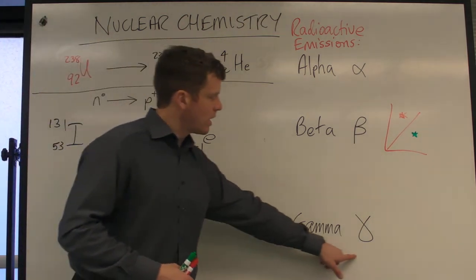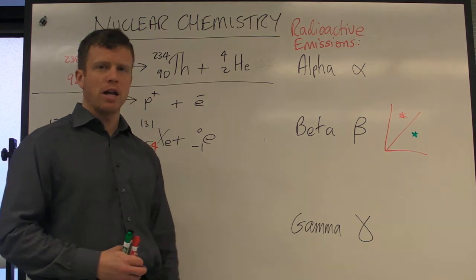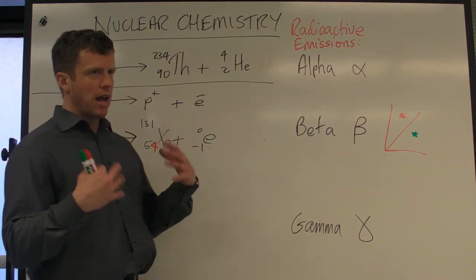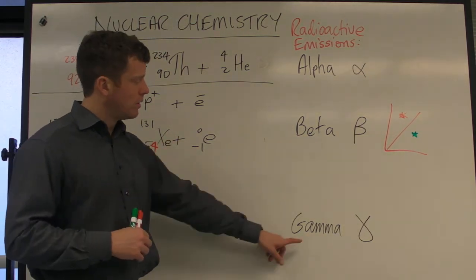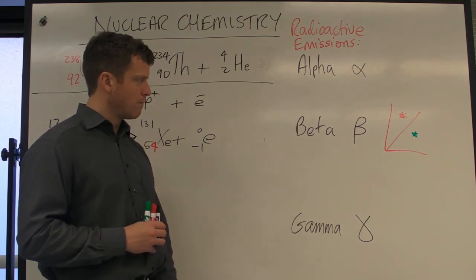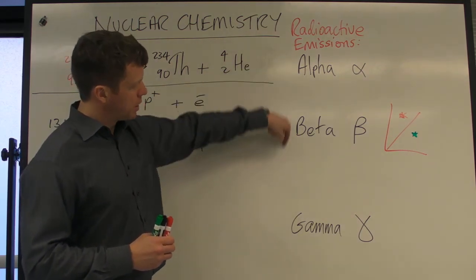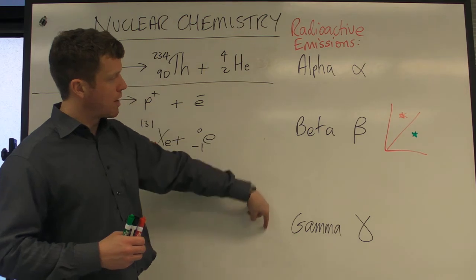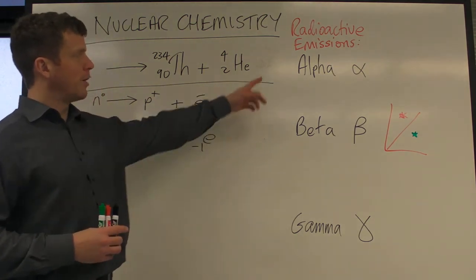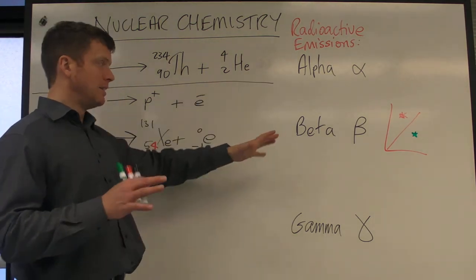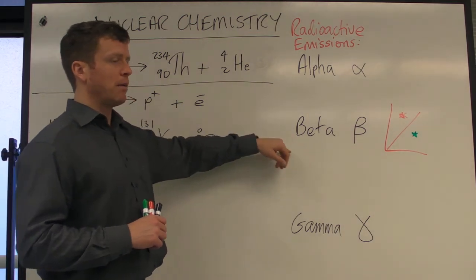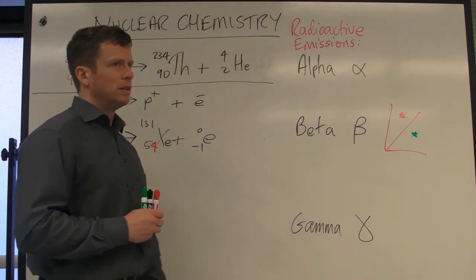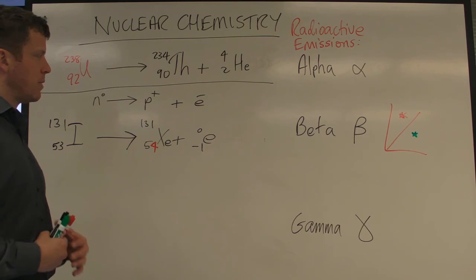Actually, lead does absorb gamma radiation really well. Those are the big heavy aprons that you wear when you go to the dentist. So they absorb gamma radiation. It becomes increasingly more penetrative as you go this way. So alpha could probably get through a piece of paper. Beta, maybe a tabletop. And gamma could easily just zip right through a human body.